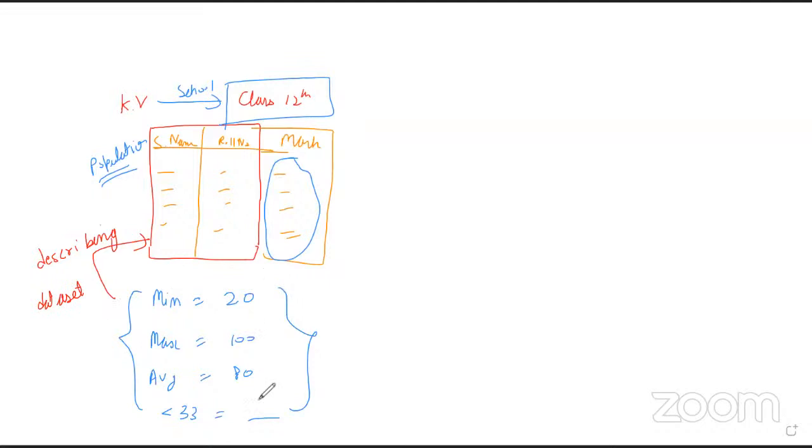It's very sure that these will be the exact values. Even if someone else finds these again, it will be the same. So whenever we describe a data set, it comes under descriptive statistics.